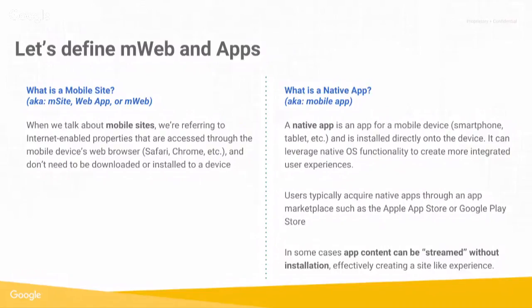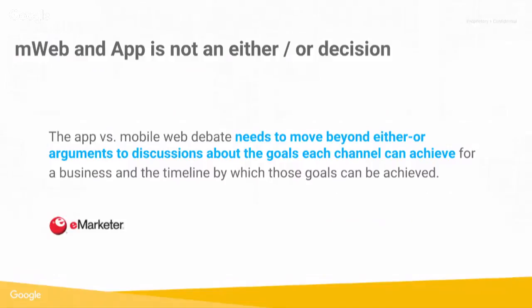While a native app, a mobile application, has to be downloaded on the device, such as a tablet or smartphone. Usually, the user can access apps through a marketplace, such as the Apple App Store or Google Play. In some cases as well, app content can be streamed without any installation. That can also effectively create the same user experience for the audience.